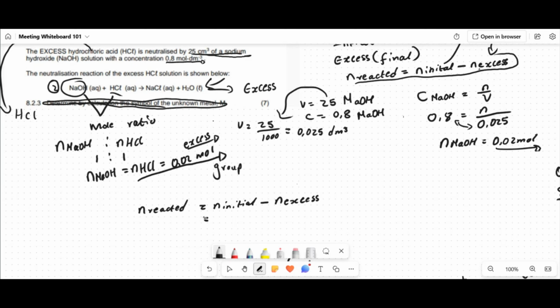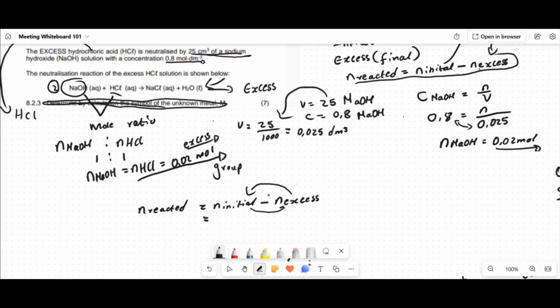That is why some teachers advise you to first use the excess here, and then subtract the initial. It is one and the same thing, because you know that number of moles can never be negative, just like we don't talk about a negative concentration or a negative volume.